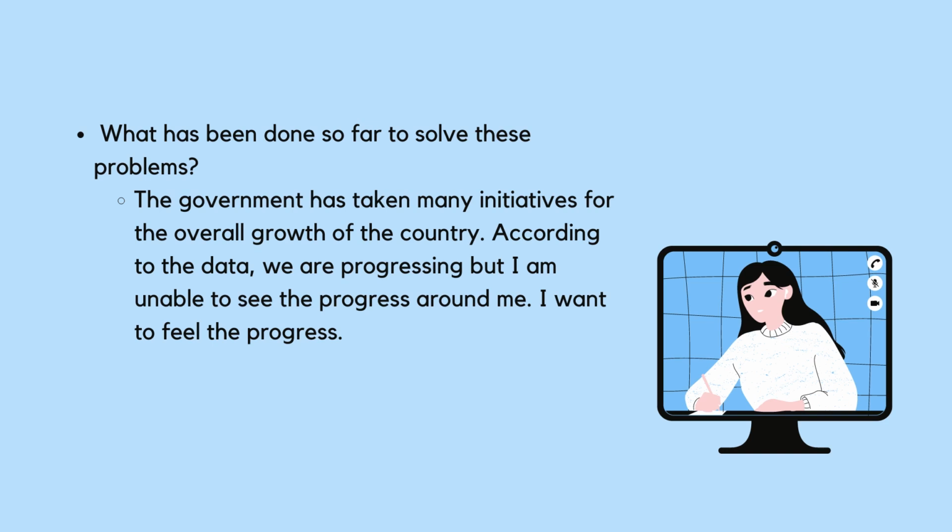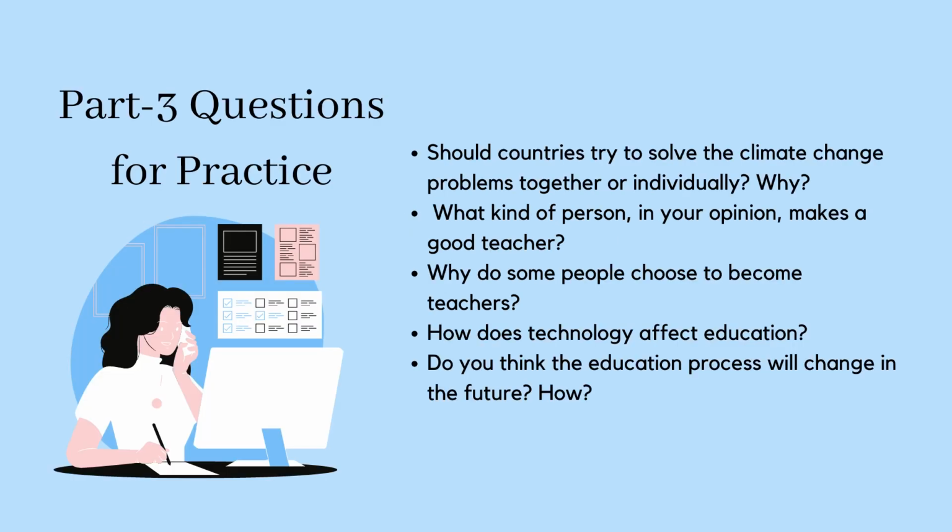According to the data, we are progressing, but I am unable to see the progress around me. I want to feel the progress. You can note that I have used the word initiatives and the conjunction but to make my speech smoother.